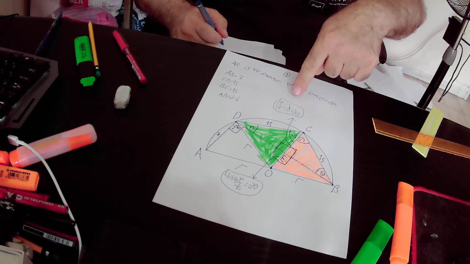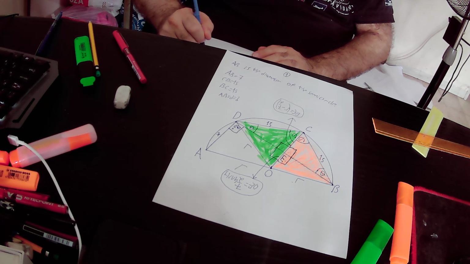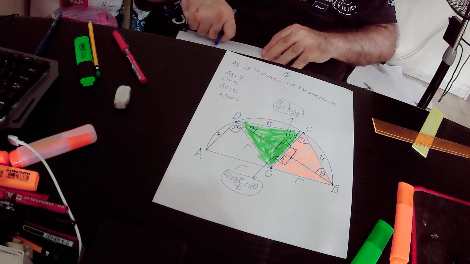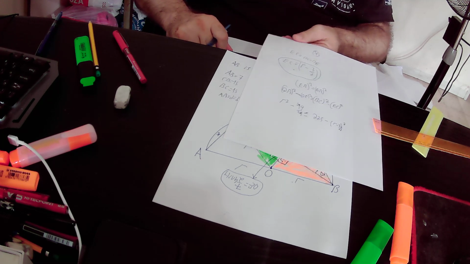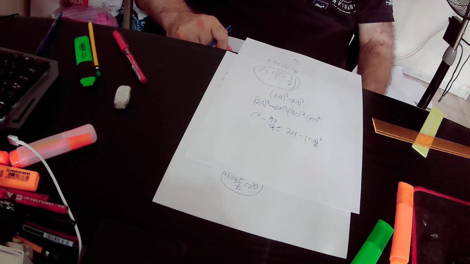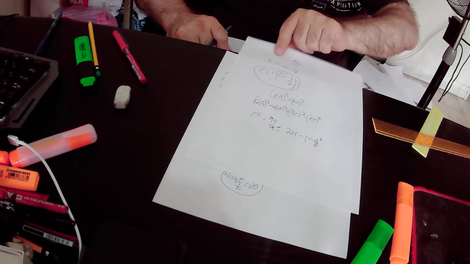EC equals R minus 7 over 2, so EC square is R minus 7 over 2 square. So in total we got the equality R square minus 49 over 4 equals 225 minus (R minus 7 over 2) square. Here we will open the brackets.